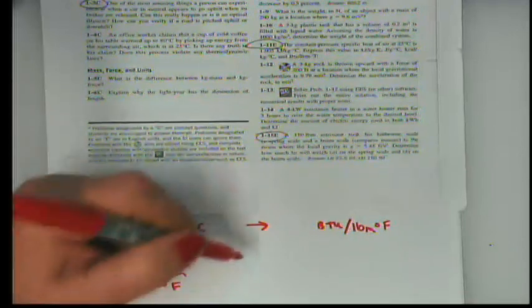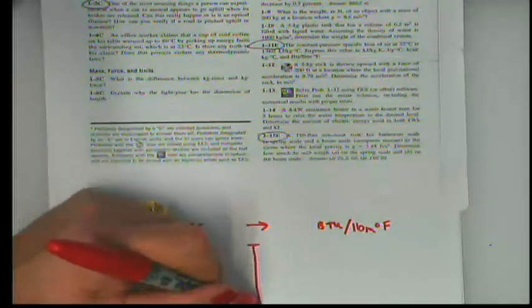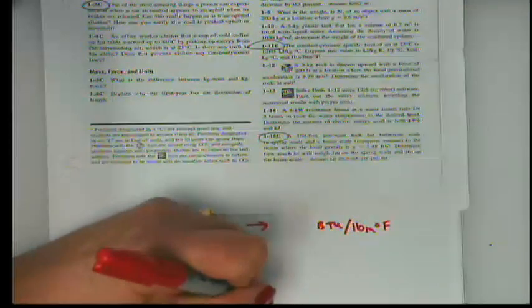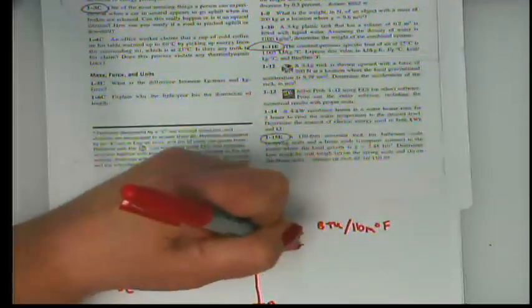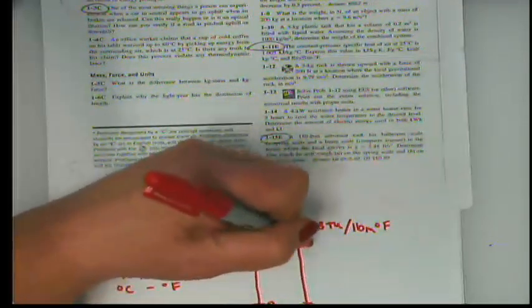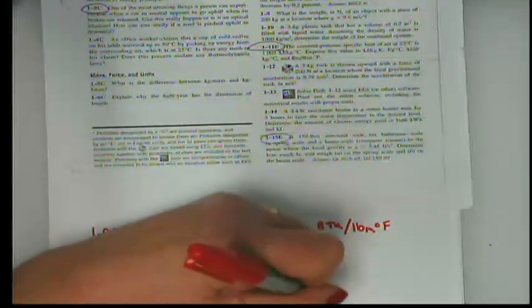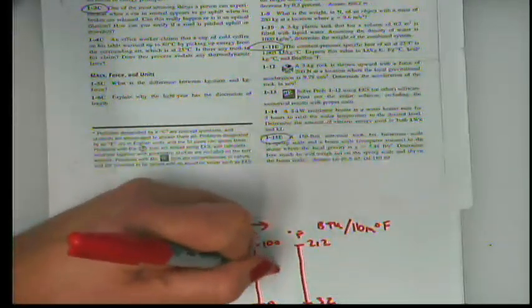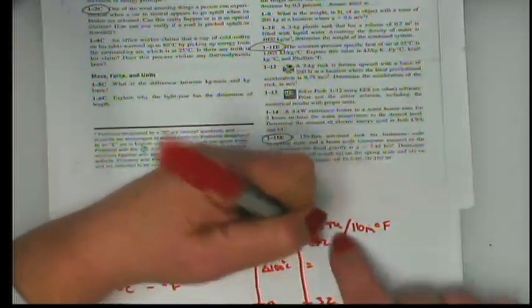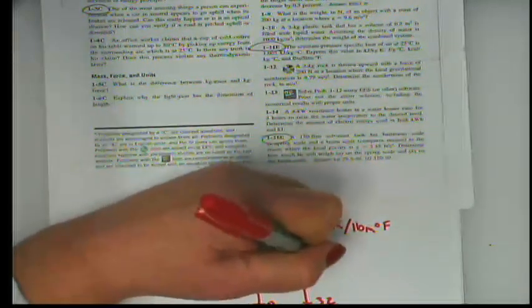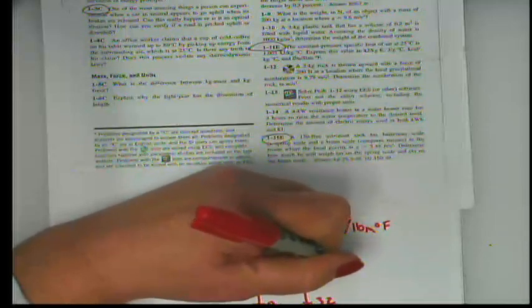If you go back to the original temperature scales, on Celsius, you go from 0 to 100, and the same span on Fahrenheit is 212 to 32. So in other words, it takes 100 degrees Celsius to go this minus this, which is 180 degrees Fahrenheit, doesn't it?